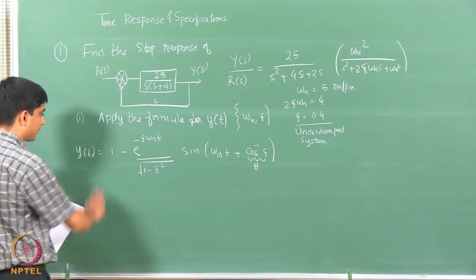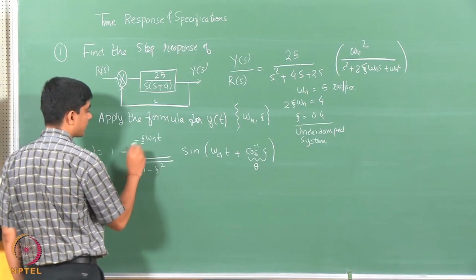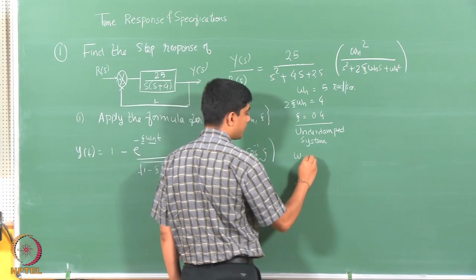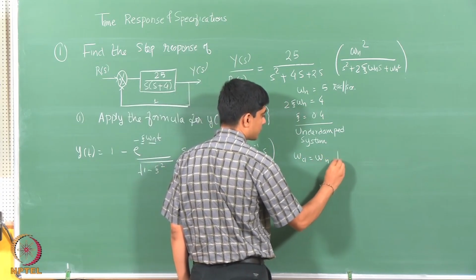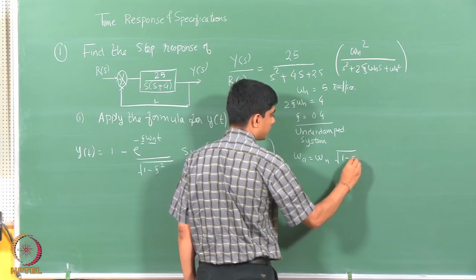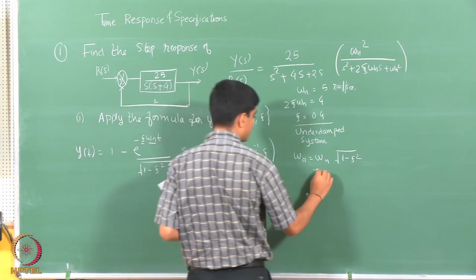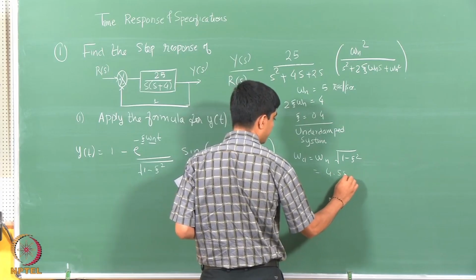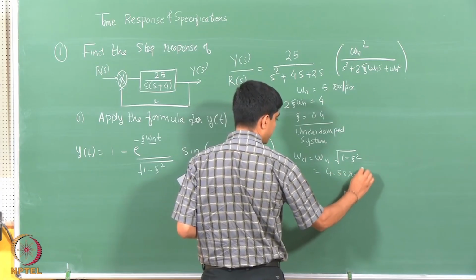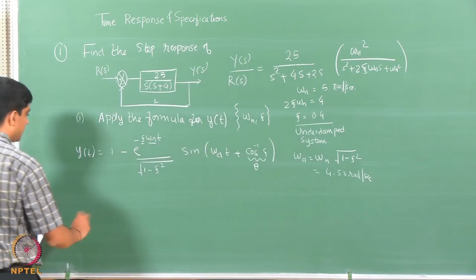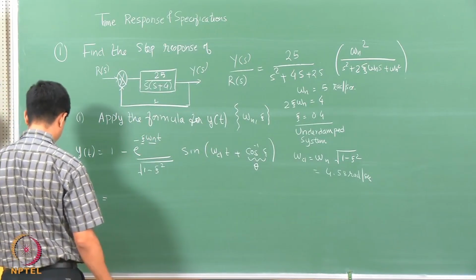Once I know zeta and omega n, I could compute omega d as omega n square root 1 minus zeta square, which turns out to be 4.58 radians per second.